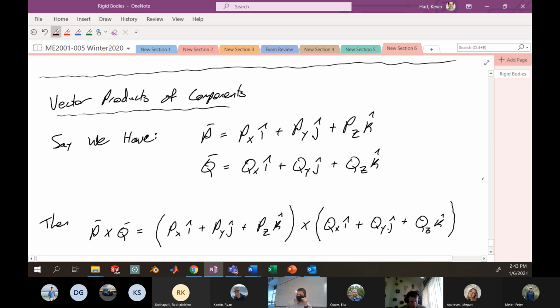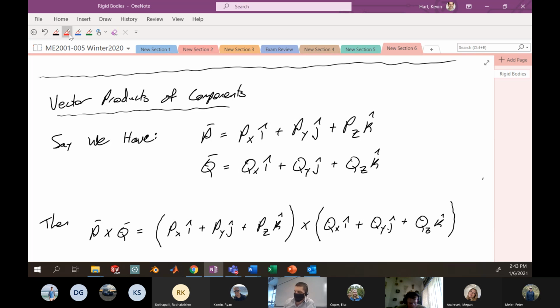Okay. And we can distribute this using our distributive laws of cross products, which we talked about before. We are able to distribute, but we're not able to associate.